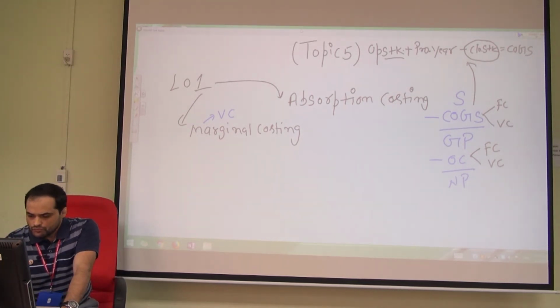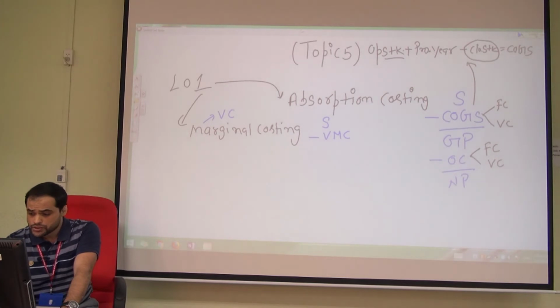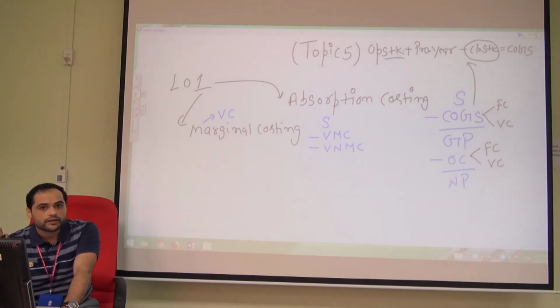Now, how to estimate the profit using marginal costing? We have sales minus variable manufacturing cost, such as direct material, direct labor, and direct expense related to the production, minus variable non-manufacturing cost. Variable non-manufacturing cost is marketing and advertising.